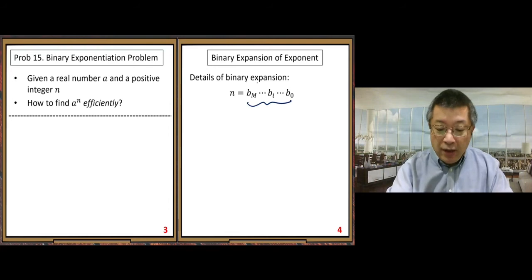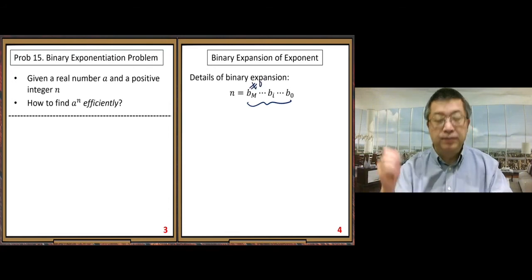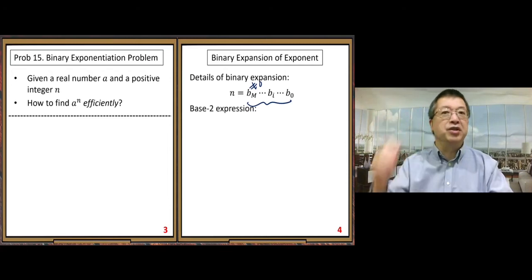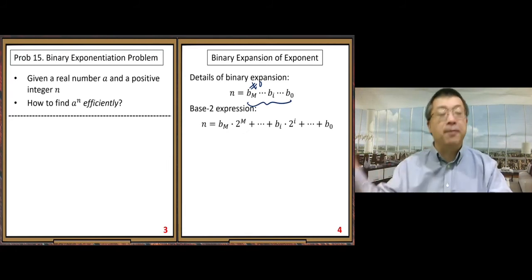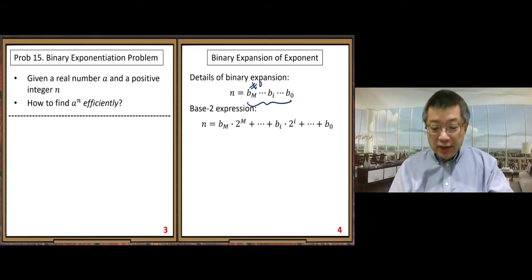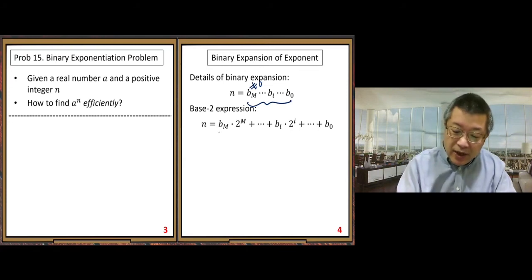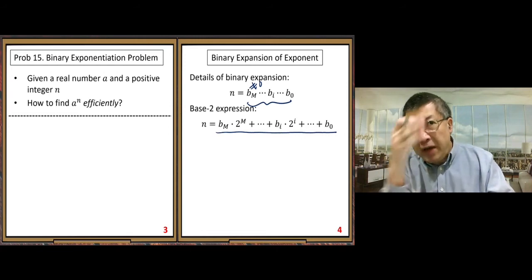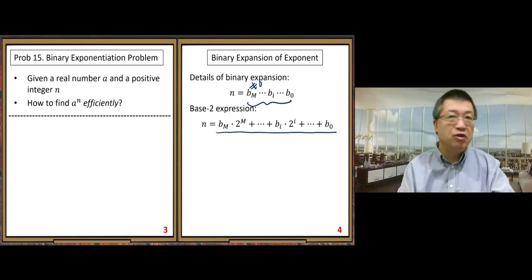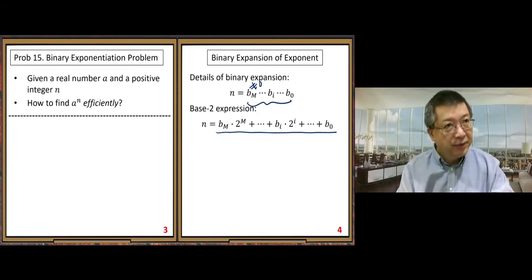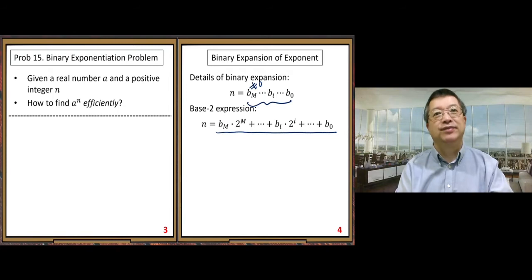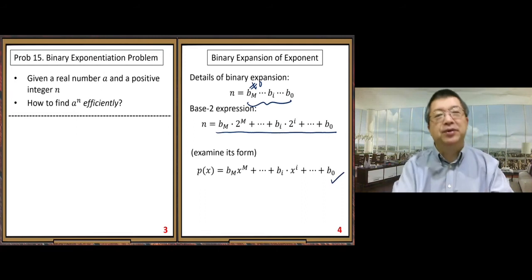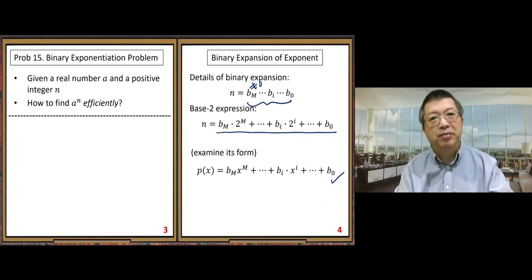But we know the highest bit cannot be 0. So with that, we can write a base 2 expression in the standard way. Can you closely look at this form and what special form you can relate it to? You can relate it to a polynomial, a general polynomial, p of x.